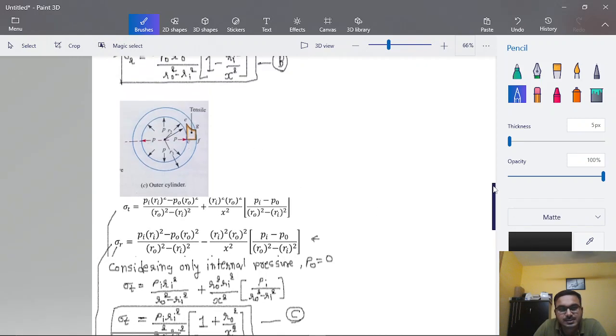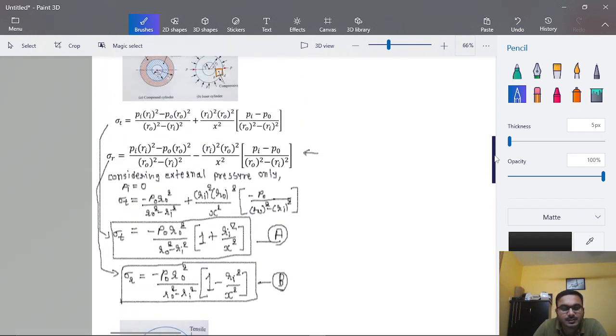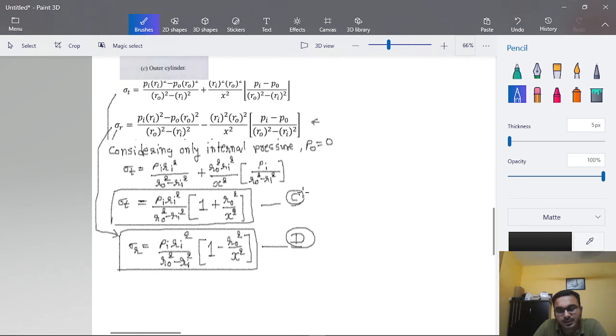If you understand this, these two equations are for the inner cylinder and these two are for the outer cylinder, and we are deriving this theory purely based on the Lame's equation.